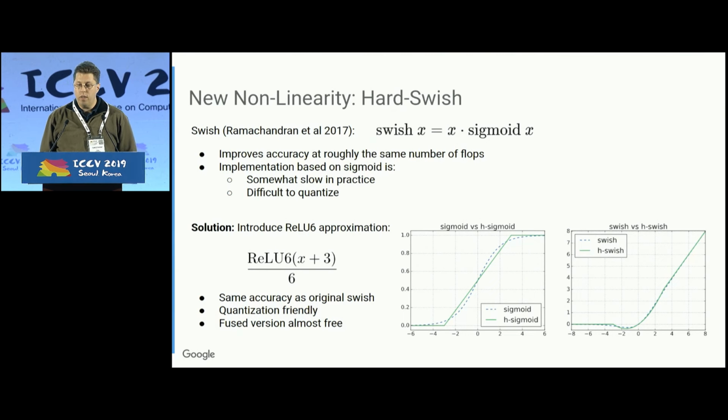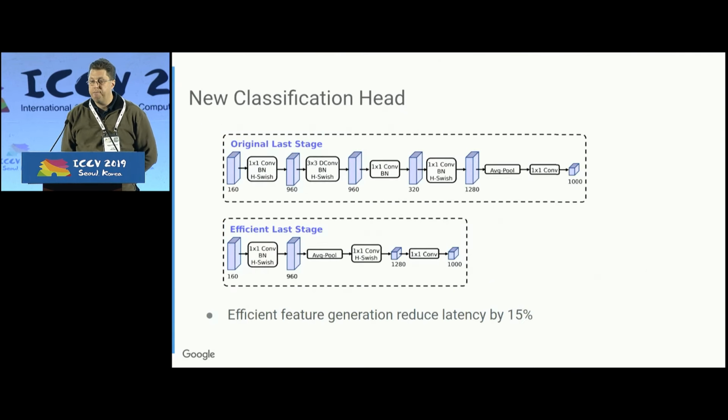To solve that, we introduced an approximation, a piecewise one, based on ReLU6. Same accuracy as the original swish, however, it's quantization friendly, and with a fused version, it's almost free. So you get improved accuracy at no additional latency. You can see the approximation on the right.